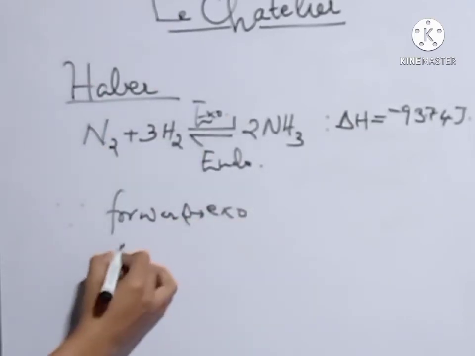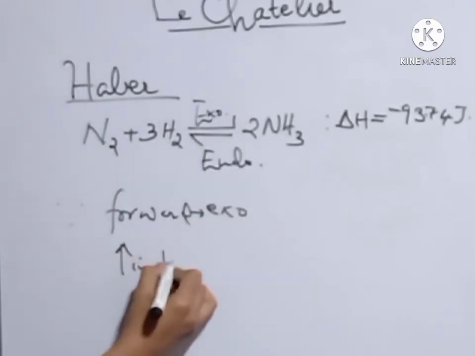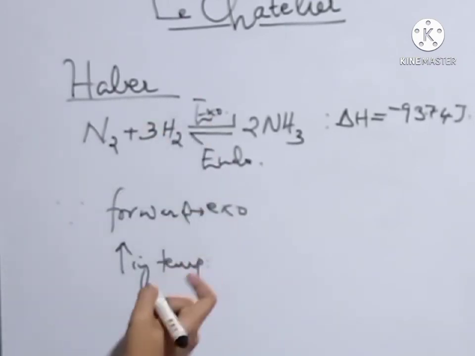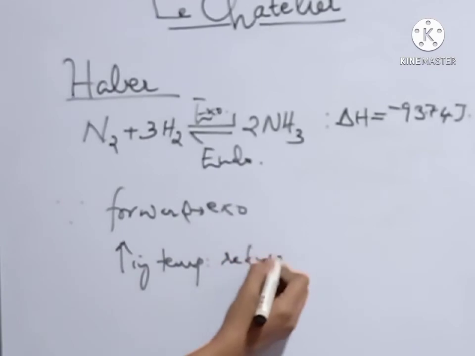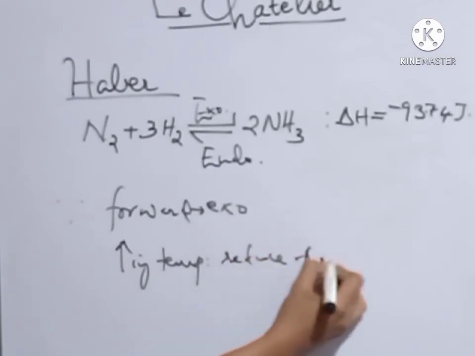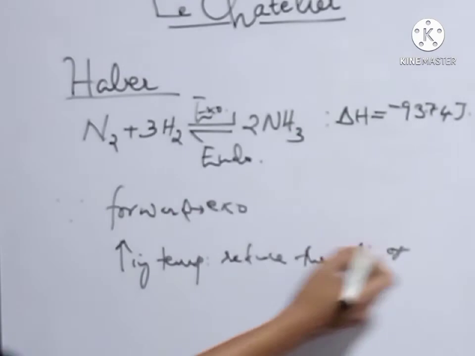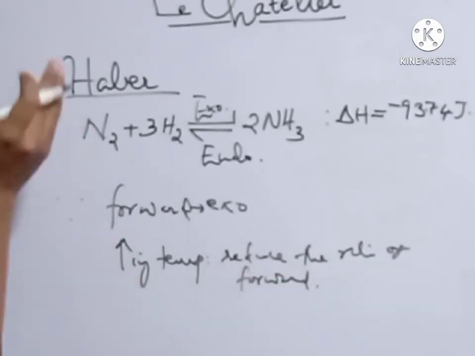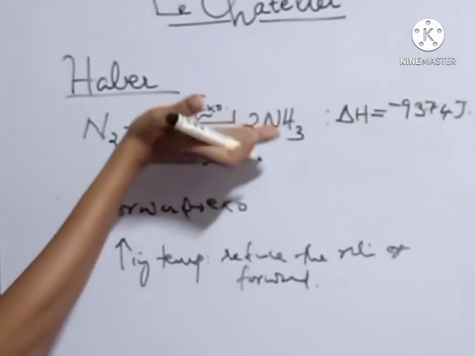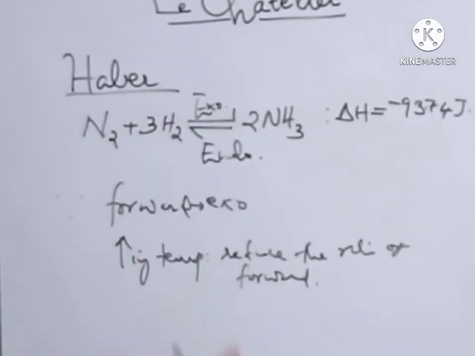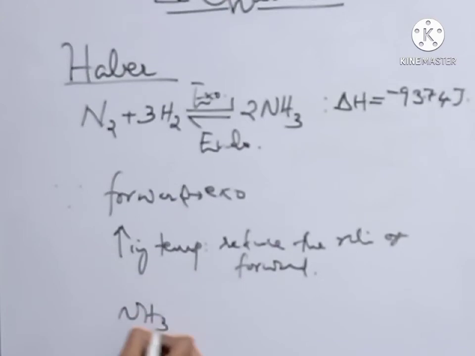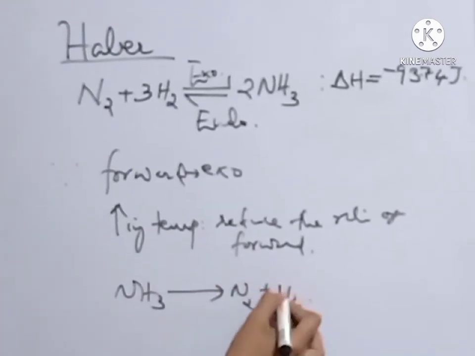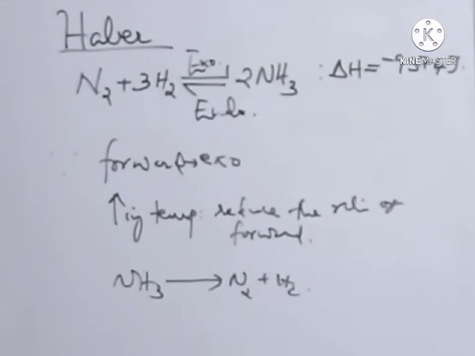increasing temperature reduces the rate of forward reaction. So normally when temperature increases, the equilibrium shifts backwards. That is, the decomposition of NH3 occurs at a faster rate when temperature increases.